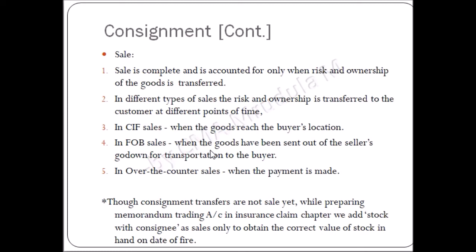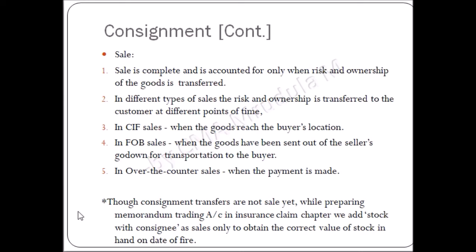Now, in cases where the consignor transfers or sends goods to the consignee, risk, rewards, and ownership of the goods is not transferred to the consignee, and hence that transfer is not considered as sale.